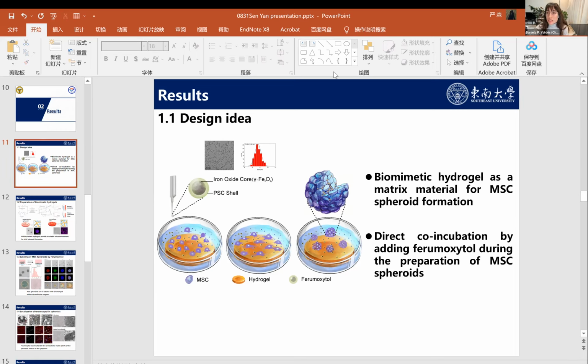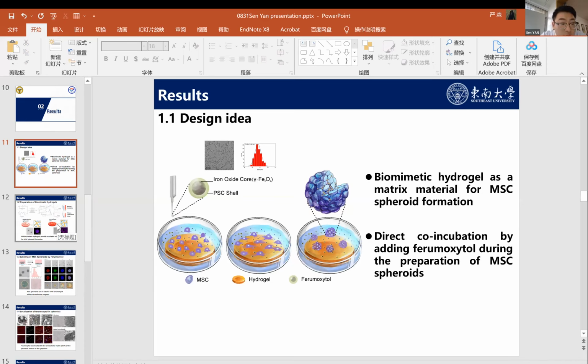Another question. I got a layman question. First, thanks, Sen Yan, for the interesting presentation. In your work, is there any optimal size for the magnetic spheroids? Sorry, I didn't catch all of that question.